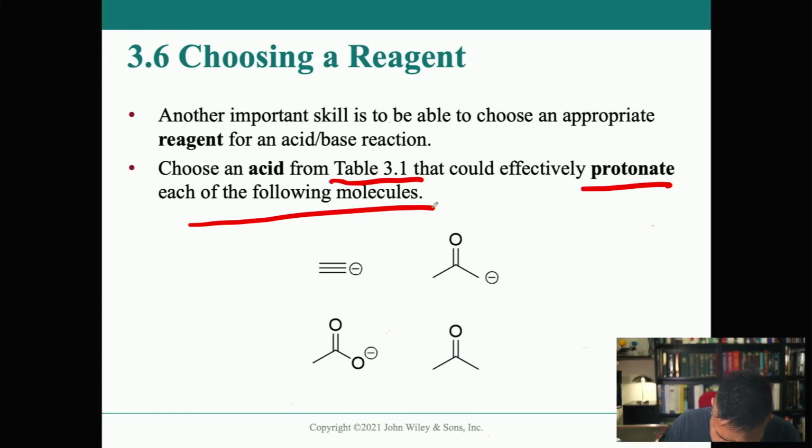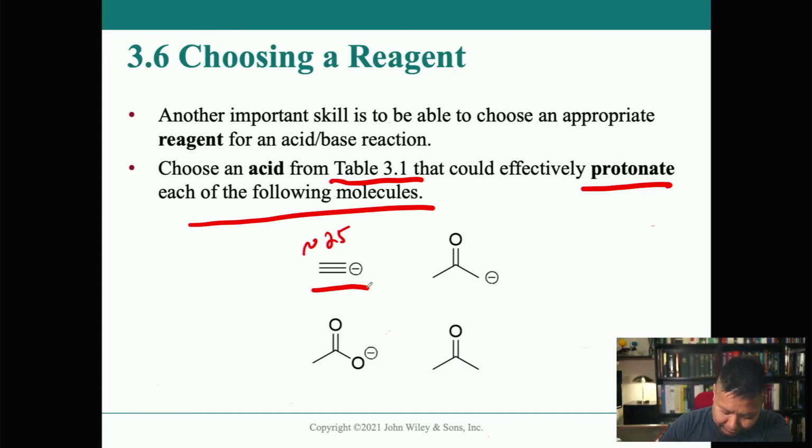We have an acetylene right here, the first one. And acetylene has an approximate pKa of about 25, I think. Well, that means it's a super strong base. What's the highest on the chart? I think the highest was like 50. So it's pretty strong.